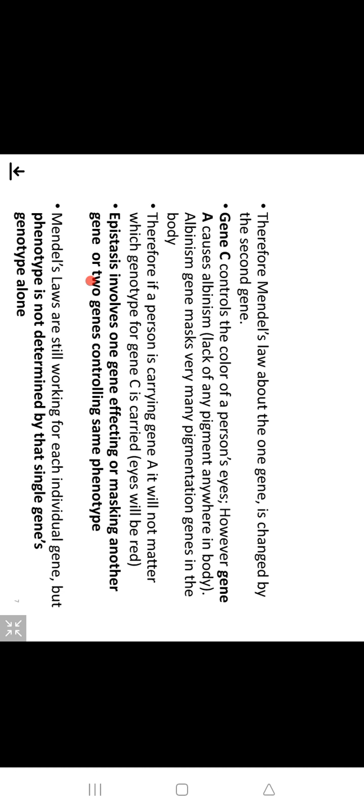We are going to see an example of a complementary gene action, whereby gene A has to work with gene B to control a particular phenotype, which is also still epistasis because it's a form of interaction between two genes. So Mendel's laws are still working for each individual gene, but the phenotype is not determined by that single gene. The two genes have to interact to determine a particular phenotype.